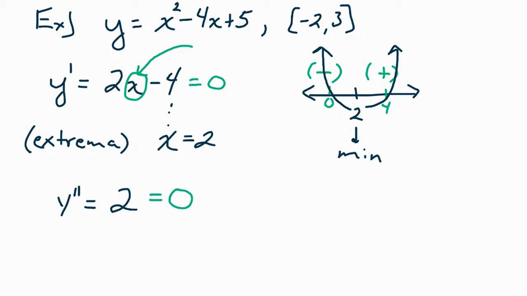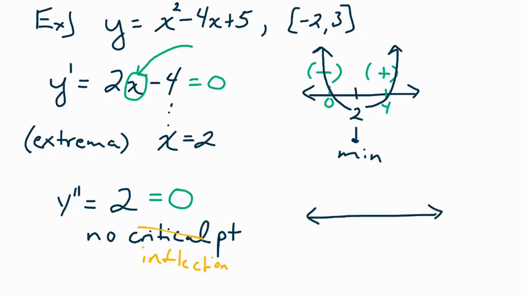But when you set it equal to 0, you quickly come up with the conclusion that this is never going to happen, which means that there is no critical point. In other words, there's no inflection point, because there's no place where the second derivative is equal to 0.